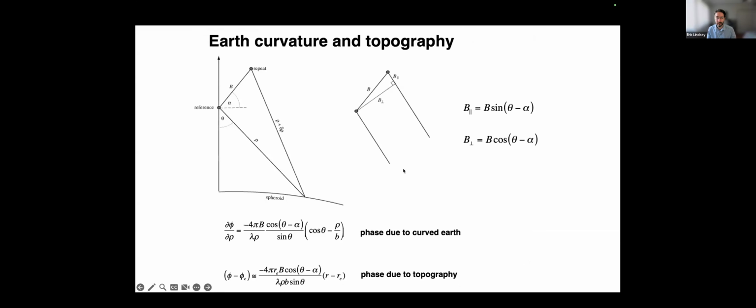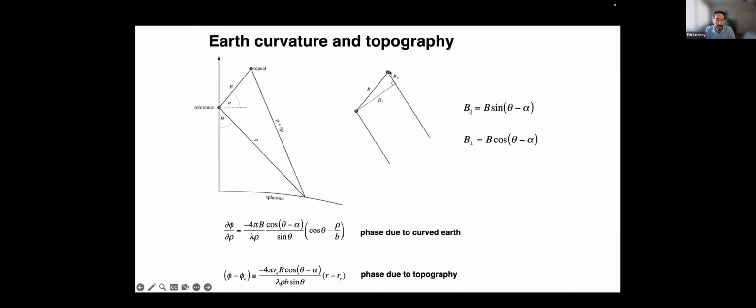So we can calculate how the phase would be different. If we have our two reference and repeat orbit positions, they're going to have a slightly different range. And we could think of them as nearly parallel lines because the satellite, remember, is at 700 kilometers altitude. So it's looking at very, very close to parallel rays to the same pixel.